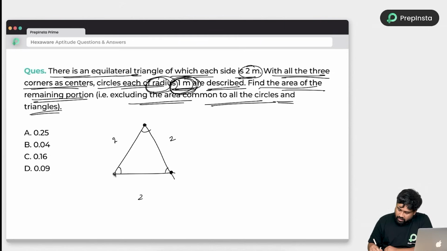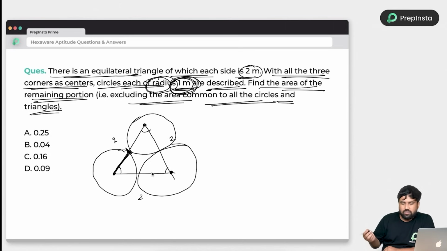Radius means 1 meter radius, and they have drawn the circle. So 1 meter is half of the length of this side of the triangle, right? So here also it will be this, it will be this. I can't draw perfectly, but assume that this side is divided into half, this length also divided into half, this length also divided into half.